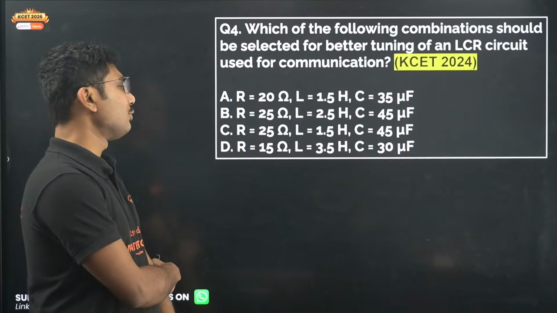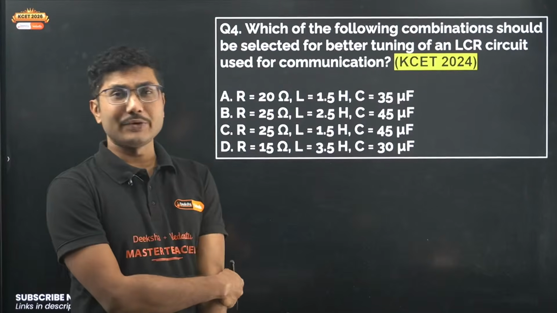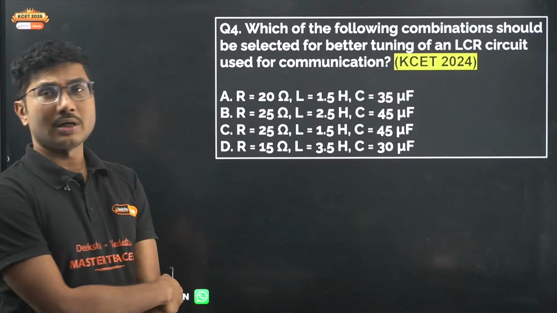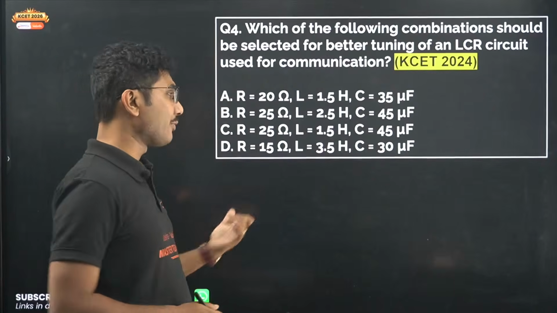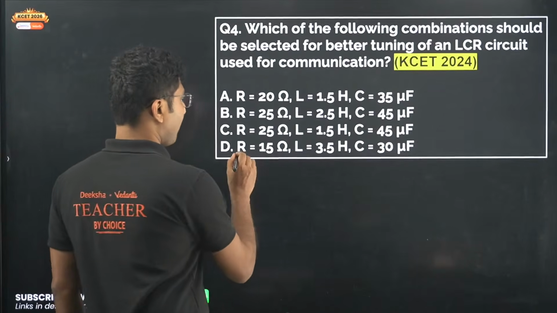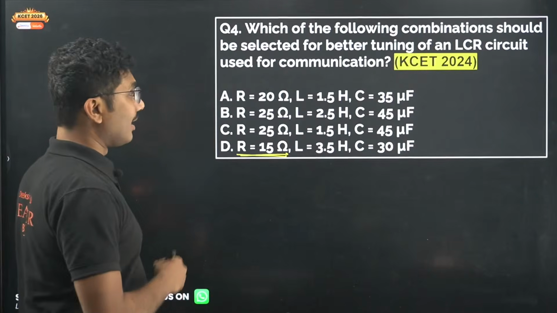So the other way is to find the R value. If the R value is smallest, generally that will give you a smaller impedance, right? Because it also includes R square. So one candidate is this one. And what else do we have?